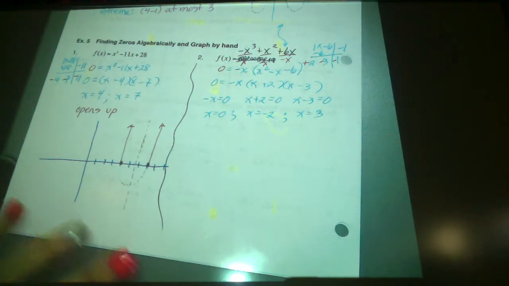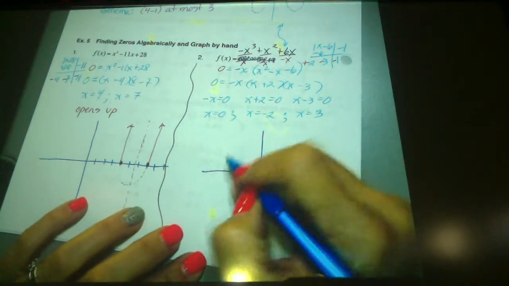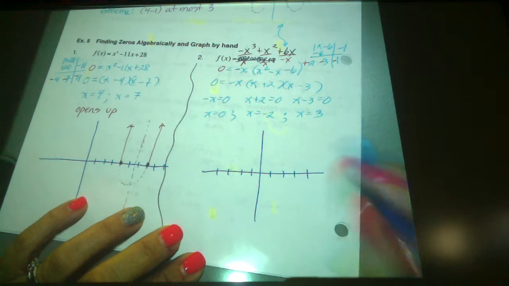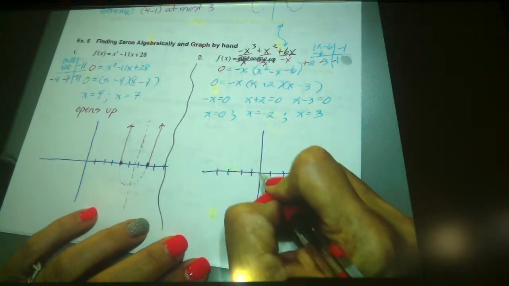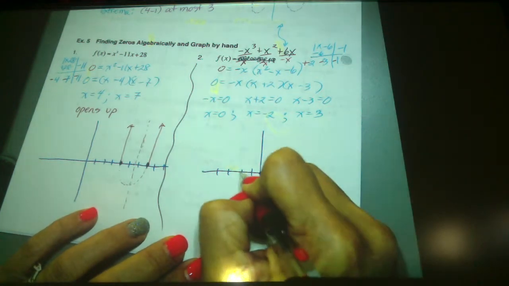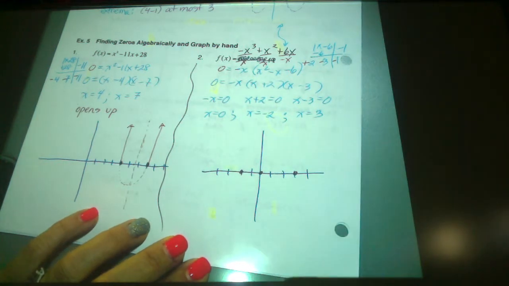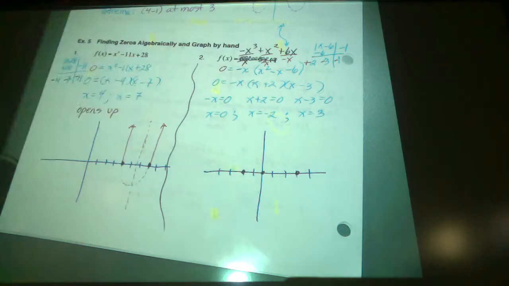So let's go ahead and sketch this. The only thing is I don't know how high or low my valleys, my relative max and mins are. So I'm going to plot a point at 0, a point at negative 2, and a point at positive 3.